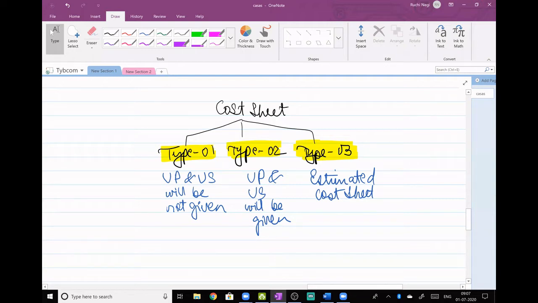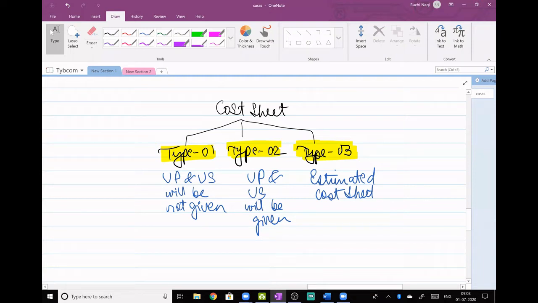Type 1 speaks about units produced and units sold will not be given in the question. Type 2 cost sheet, units produced and units sold will be given in the question.